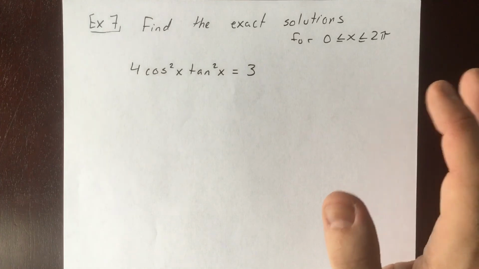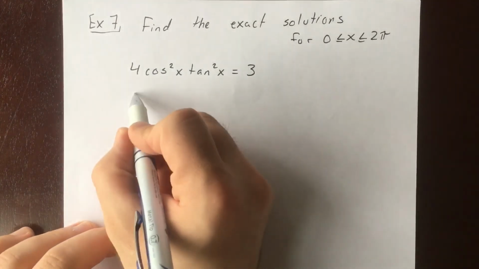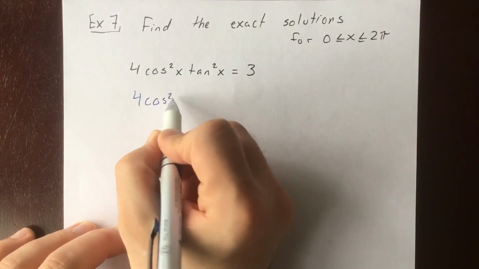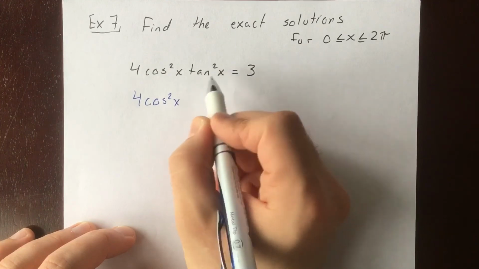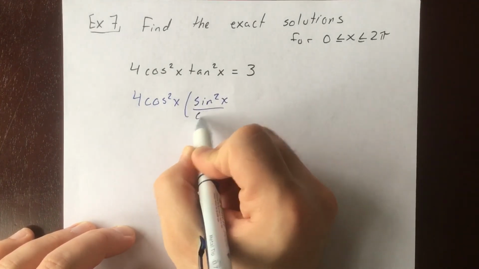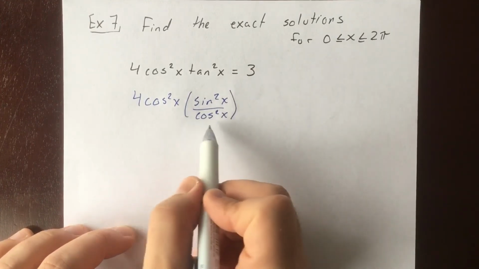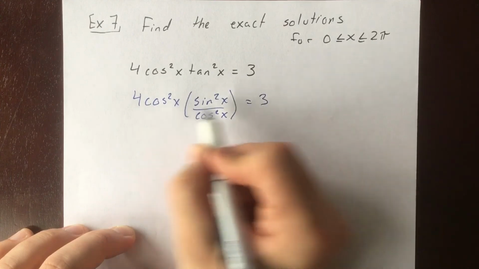What is tangent of x? Isn't tangent of x sine over cosine? So, tangent squared of x is the same as saying, sine squared of x over cosine squared of x. Okay.